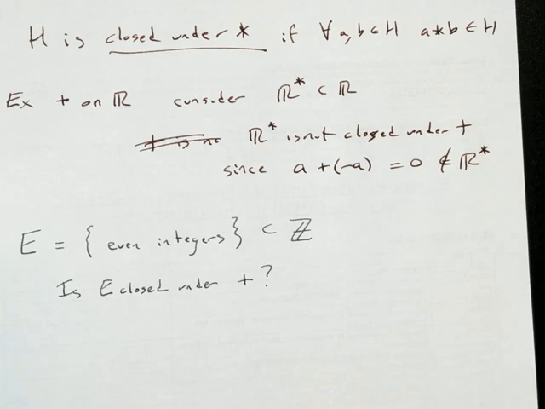Now, I didn't ask the question that way back in discrete because we didn't talk about closure of operations in discrete in the slightest. But what does it mean to show that E is closed under addition? What do I really want you to prove for me? That every time you add two even integers, you get another even.